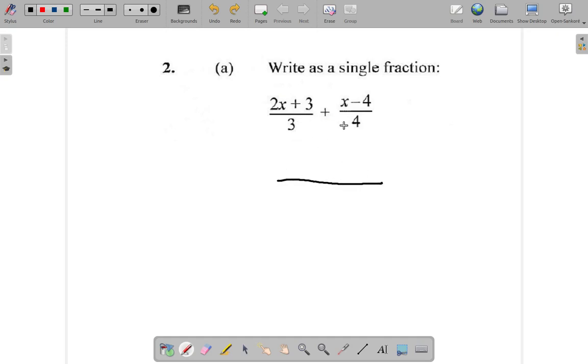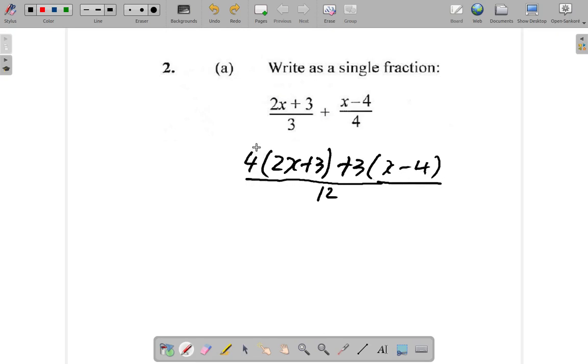Let's find the LCM of 3 and 4, which is 12. Okay, so 3 into 12 is 4 times. 4 times all of this up here is 4 by 2x plus 3, plus 4 into 12, 3 times. 3 times all of this up here, 3 times x minus 4.